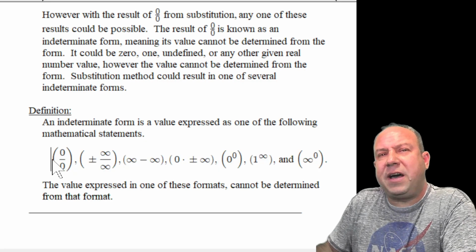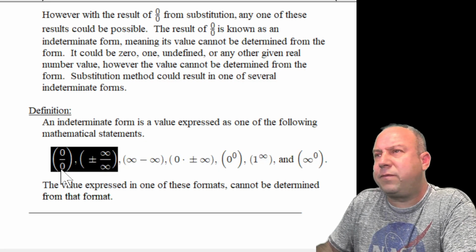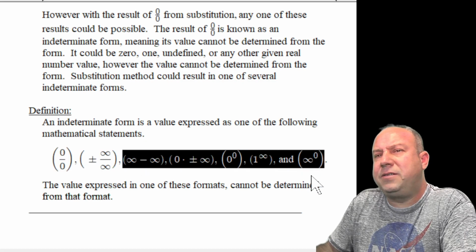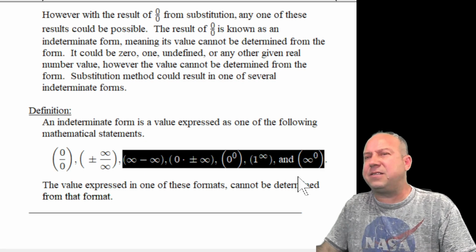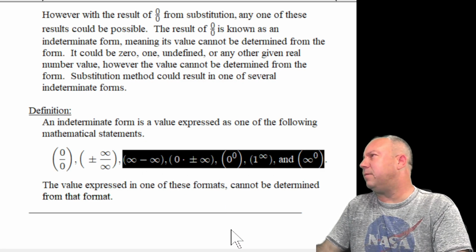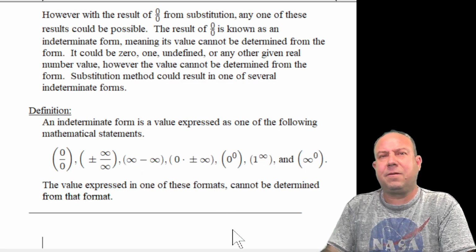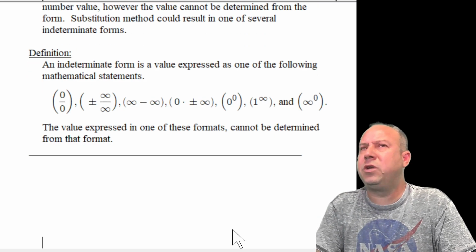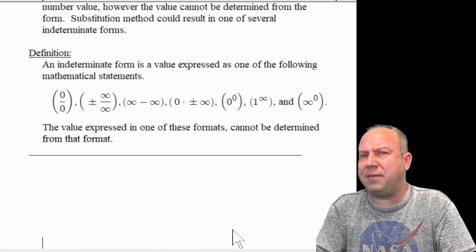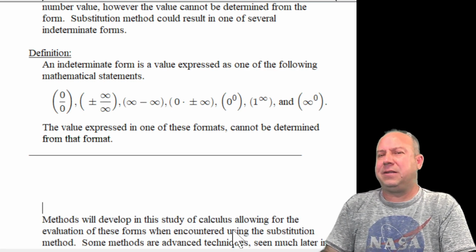What we're going to find is we have a rule for the first two, and then we have some methods that involve the rules for the last 5 cases seen here. All right. But you want to start to be cautious of these situations when you're running substitution method to evaluate a limit.